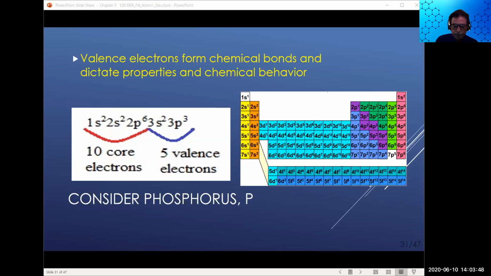Now, if you look at the diagram here on the right side, when we start writing the electron configuration for whatever element, you can see that starting with hydrogen, hydrogen only has 1 electron, and it's in the first period, which means that 1 electron exists in the first energy level, denoted by the 1 coefficient.